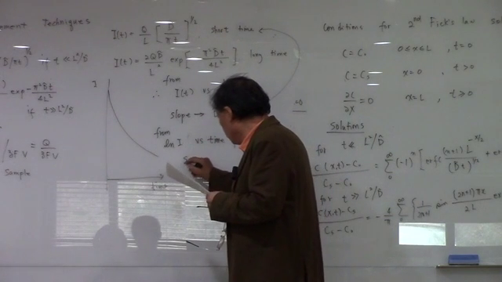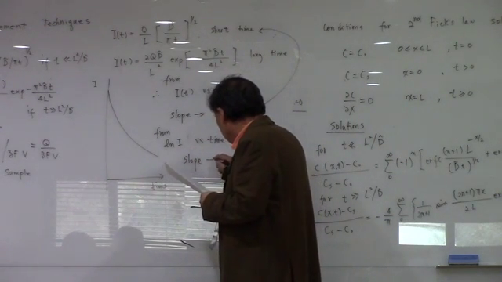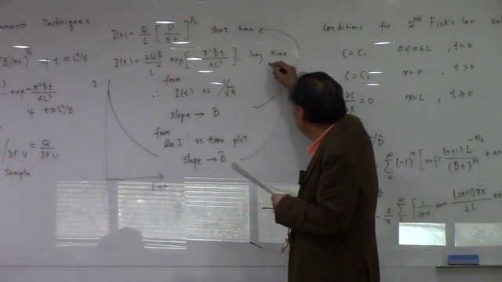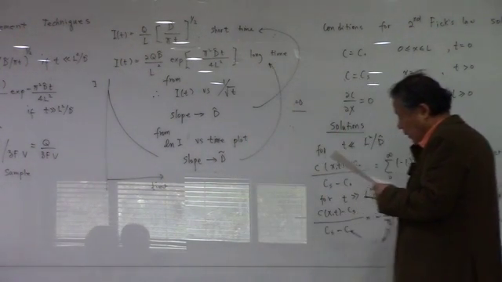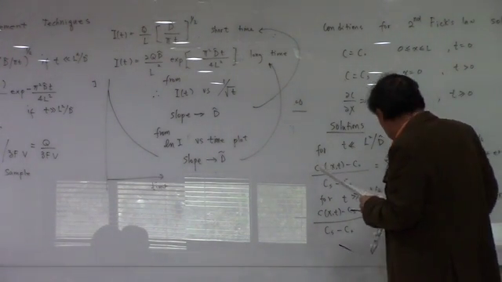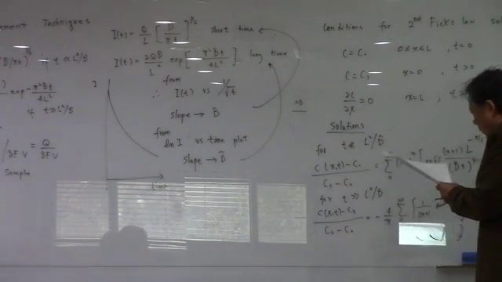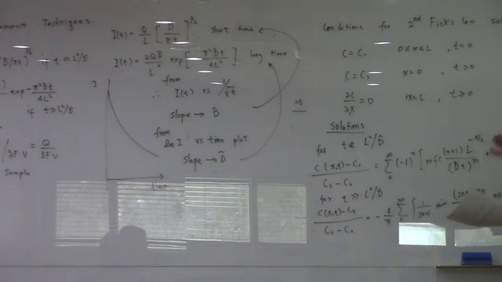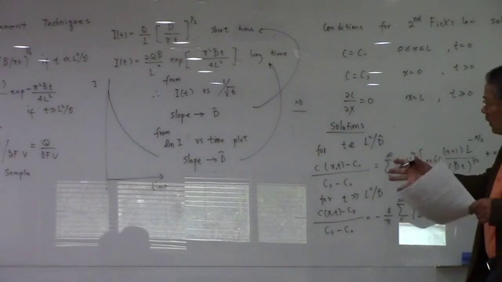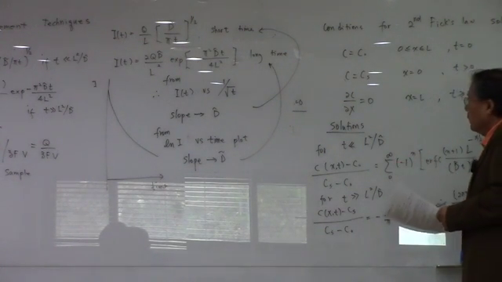The slope is related to the diffusion coefficient in the long time with this equation, right? So this is how we can determine the diffusion coefficient of electroactive species inside the cathode material.